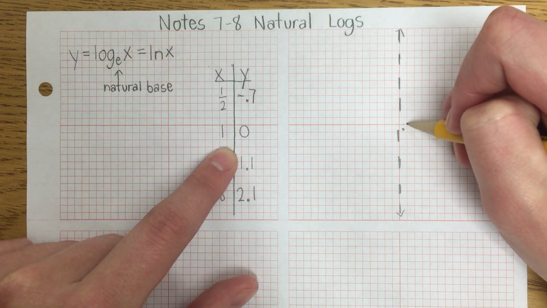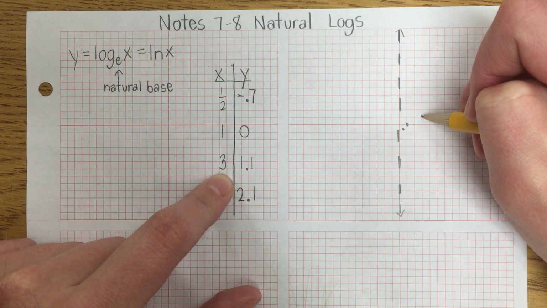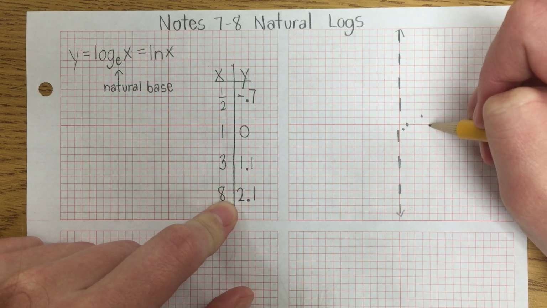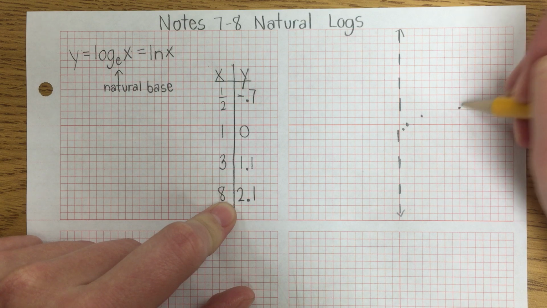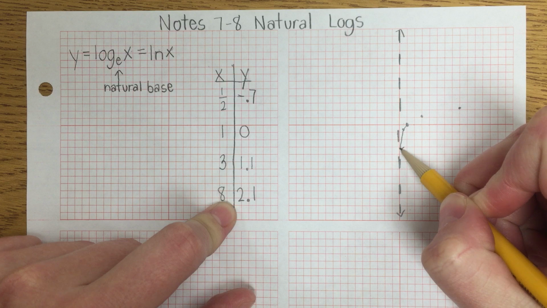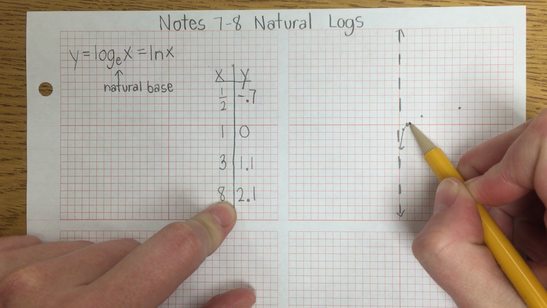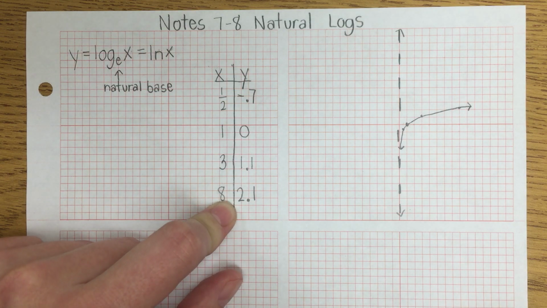When x is 1, I have y 0. At 3, about 1.1, and at 8, about 2.1. So as you can tell, this graph is going to come down, hug that asymptote, and slowly but surely crawl all the way up.